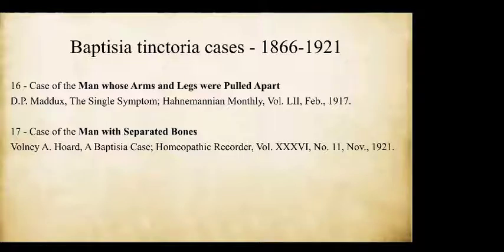This is to say that the basic symptoms of being scattered or being separated from your body, or parts being separated from each other, can be expressed in a variety of ways while still expressing the core idea of Baptisia. And that's what these cases are about. These cases use the idea, but not in the literal sense. It's the spirit of the idea, if I may express it like that.